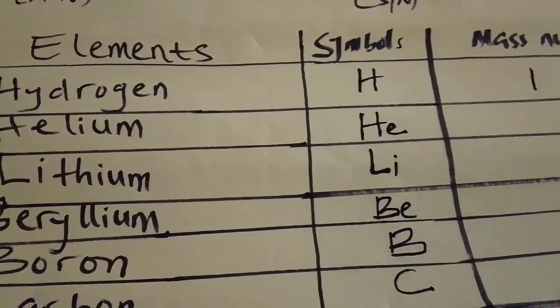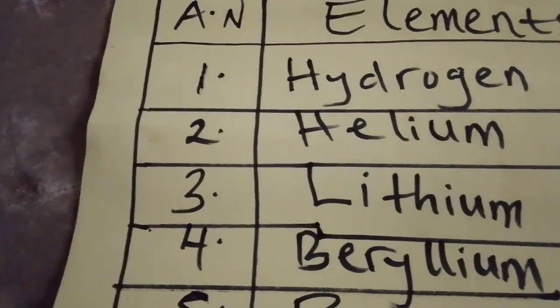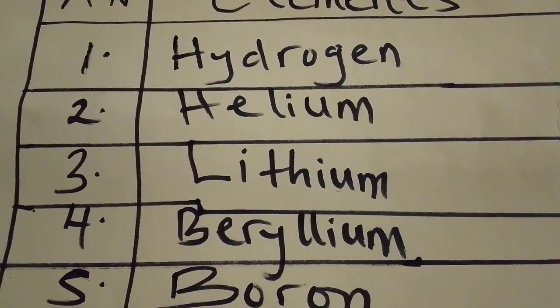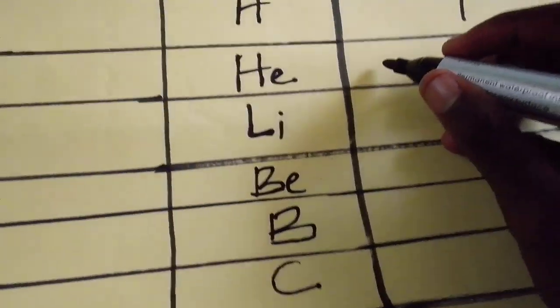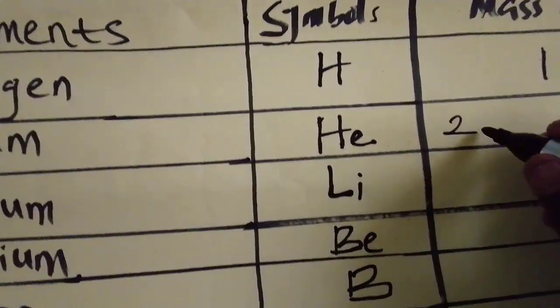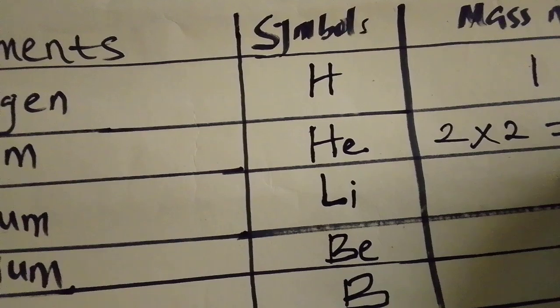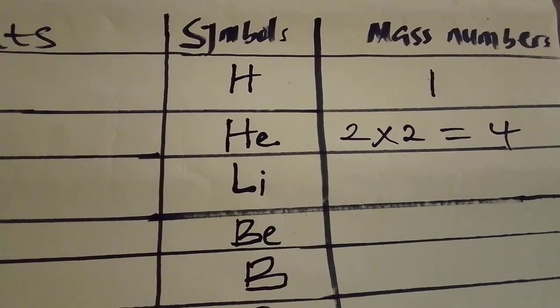Also, for helium, the atomic number of helium, as you can see, is 2. Since 2 is an even number, we say 2 times 2, which gives us 4. So this is the mass number of helium.